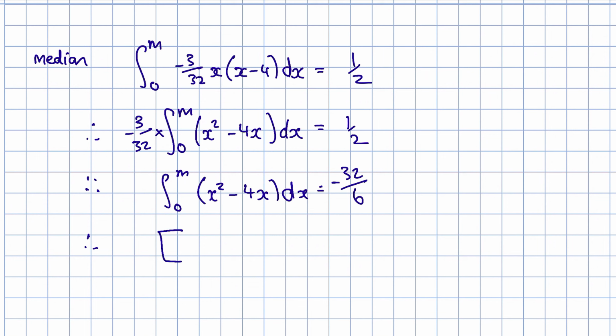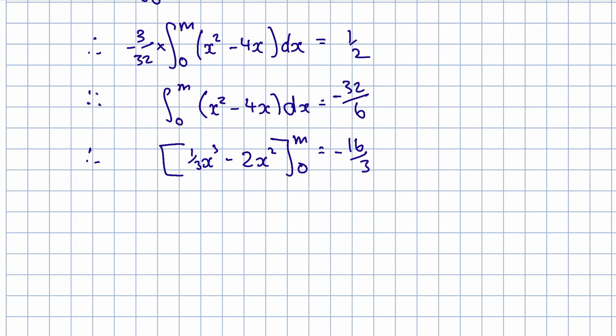And so we're going to go, right, well, that's a third x cubed. Now it's going to be 4 on 2, which is going to be 2x squared, from 0 to m, is equal to minus 32 on 6, so that's going to be negative 16 on 3.